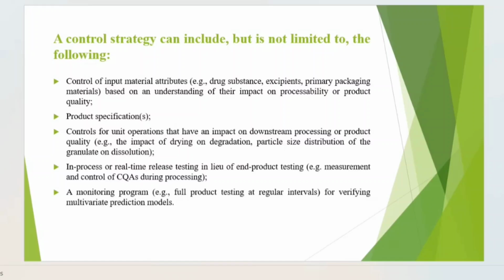Then we need to control the product specification. Then control of unit operations that have an impact on downstream processing or product quality. For example, the impact of drying on degradation, and particle size distribution of the granulate on dissolution. So we have to control the process.